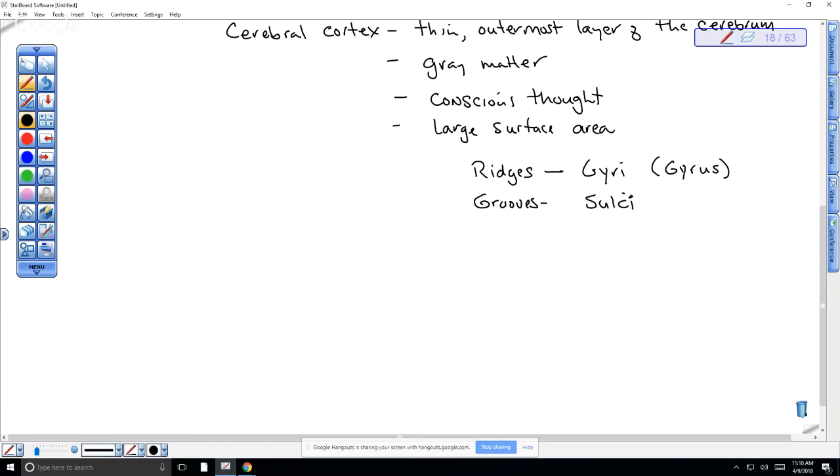That's just one i, sulci. The singular would be the sulcus. Sometimes we have big grooves, and large grooves are called fissures. So, for example, there is a large longitudinal fissure that runs between the two hemispheres.